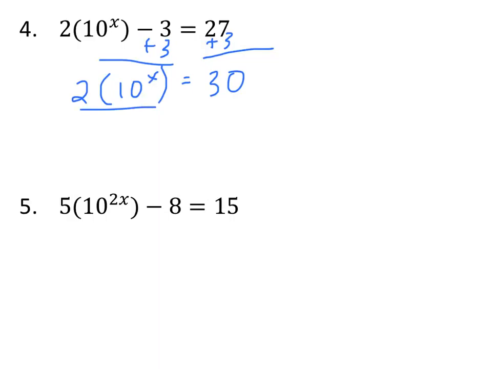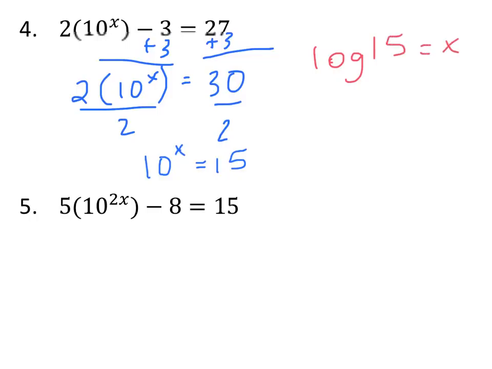Then I'll divide both sides by 2, and I have 10 to the x equals 15. Now that I have 10 to its exponent by itself, I can do log base 10 of 15 equals x.